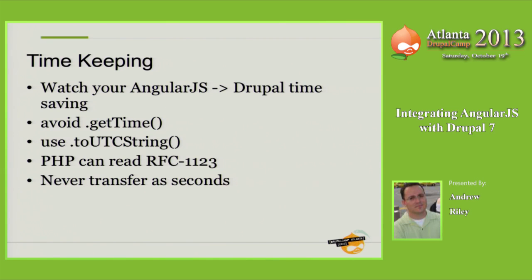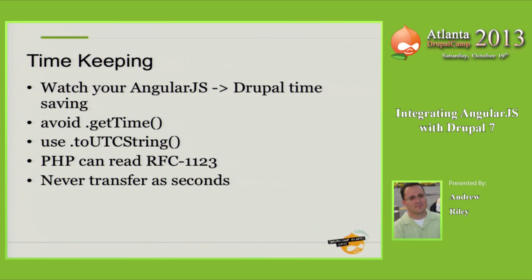So that's kind of the fun part. JavaScript stores the time in milliseconds since that date, whereas PHP stores it in seconds since that date. If you don't watch that, you can have a lot of fun wondering why all your dates get mangled every time you save it and load it up if you're not doing the conversions.